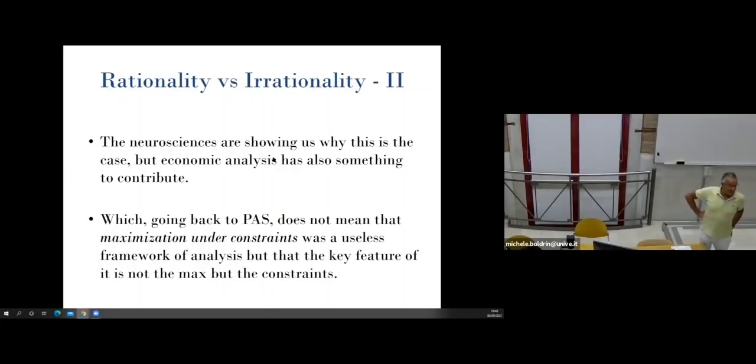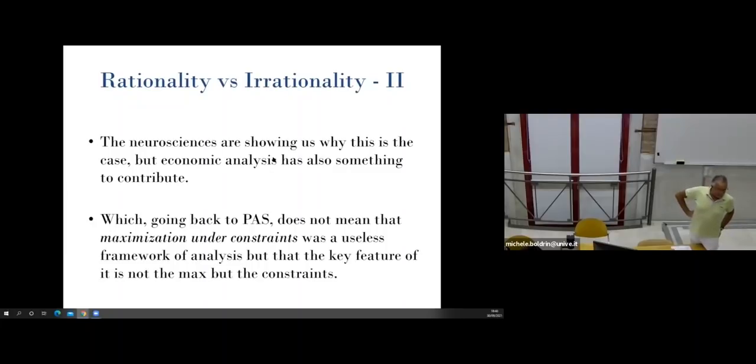One might say that there was a period in which we thought that the maximization part was the true insight. And I think it was. Let me say that it still is. We'll see in the course what I mean.